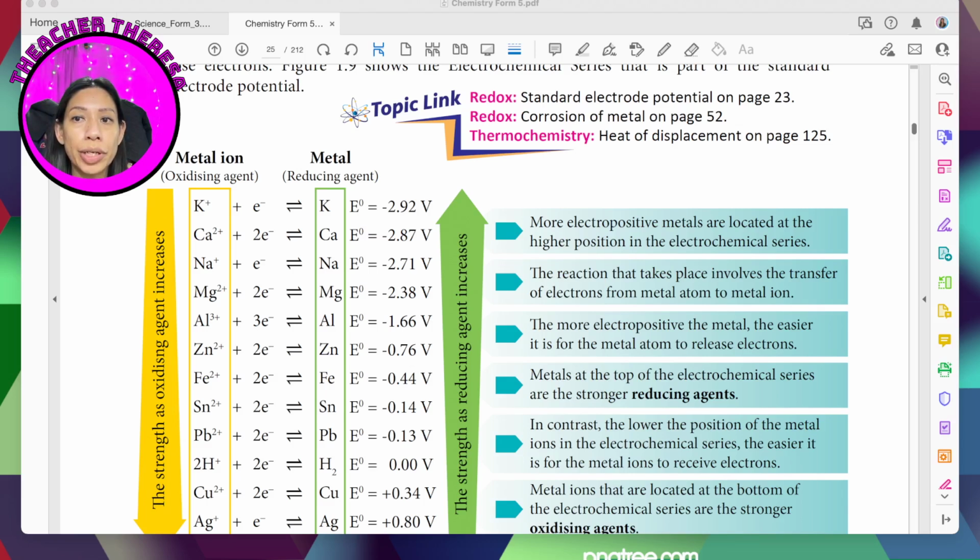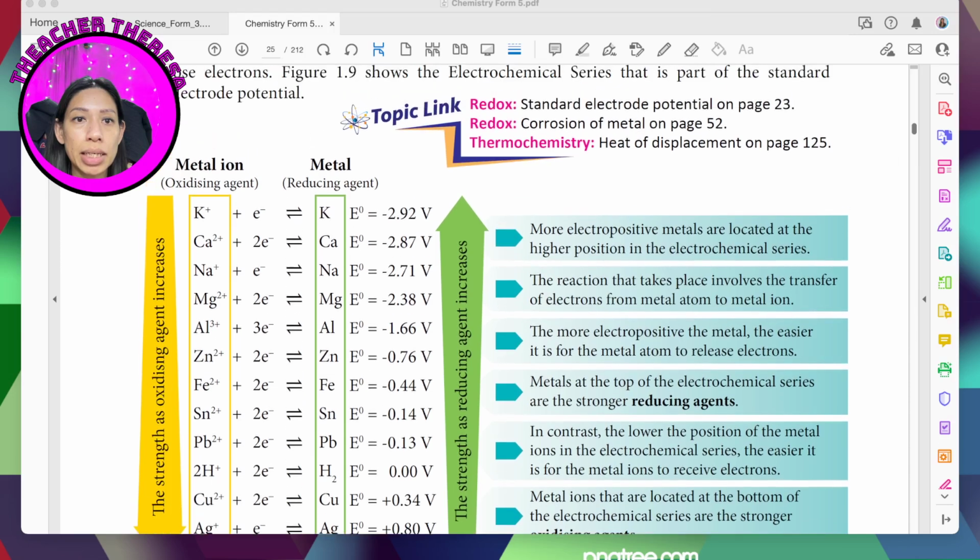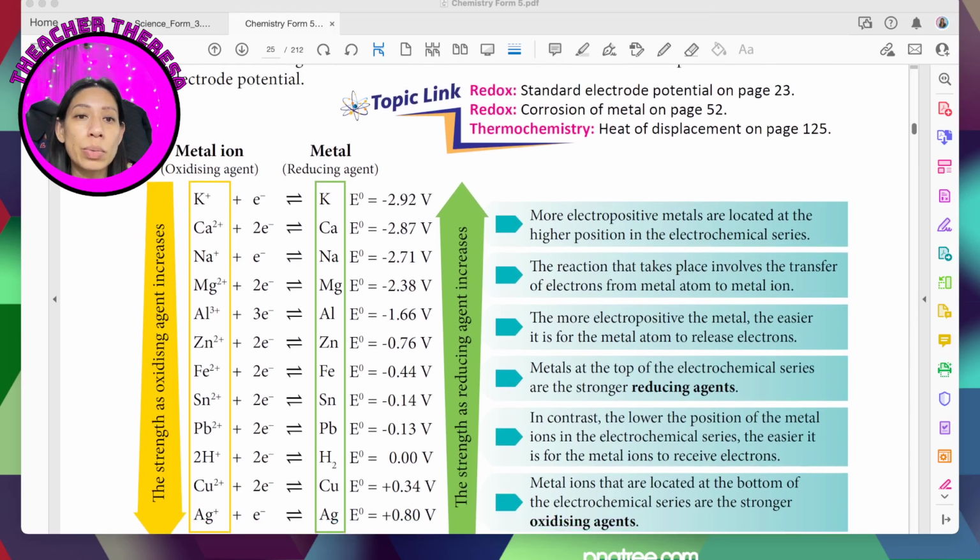So there's no point in memorizing the sequence of which metal is more electropositive compared to the other. The concept here is to understand that a more electropositive or more reactive metal will displace another metal from its ion solution or its salt solution.